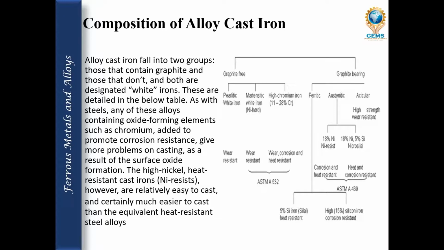Ferritic white iron has wear resistance, and high chromium irons have wear, corrosion and heat resistance. These are the classifications. The high nickel heat resistant cast irons are relatively easy to cast, so casting is very easy on these materials.